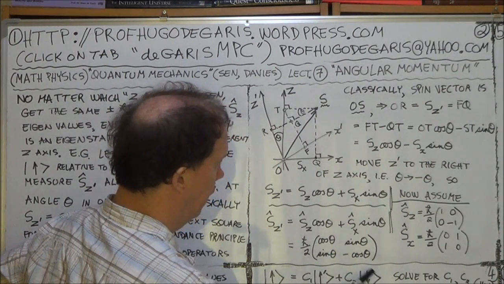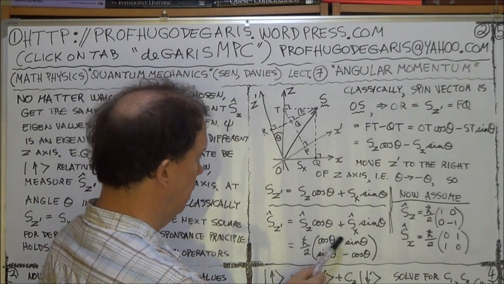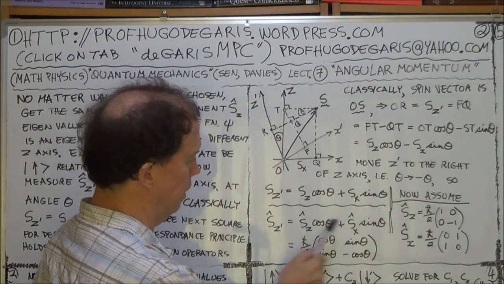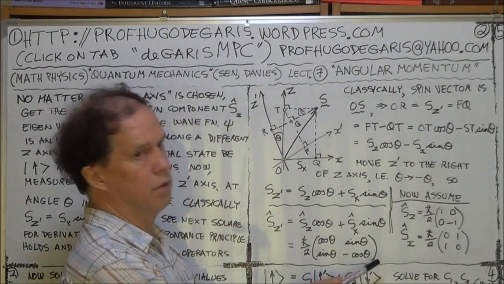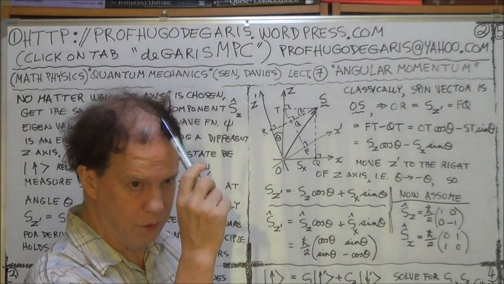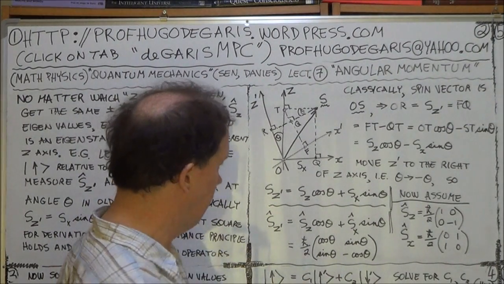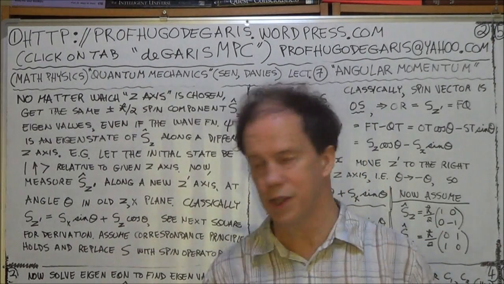Put that here, add them, and you will get this. I haven't even bothered to ask you to do it for homework. It's so trivial, right? You can just do it. You can see it visually that this is the case, right? Well, that's the end of the session.